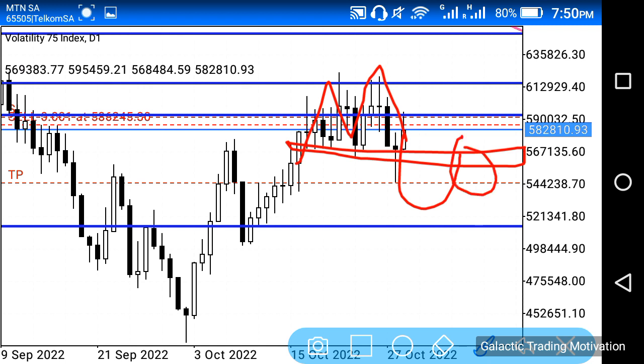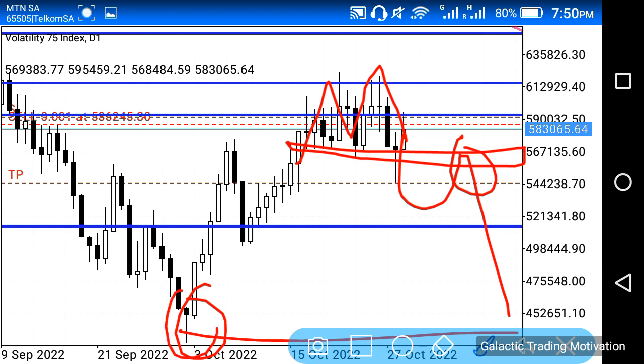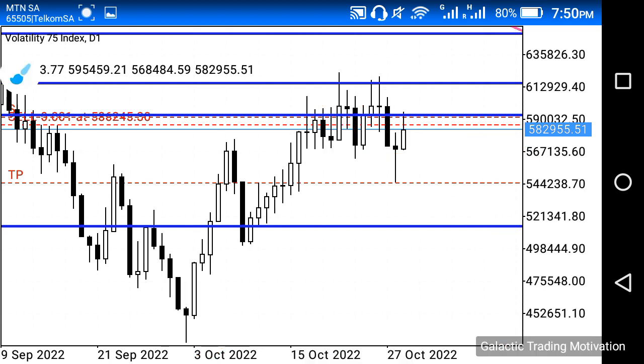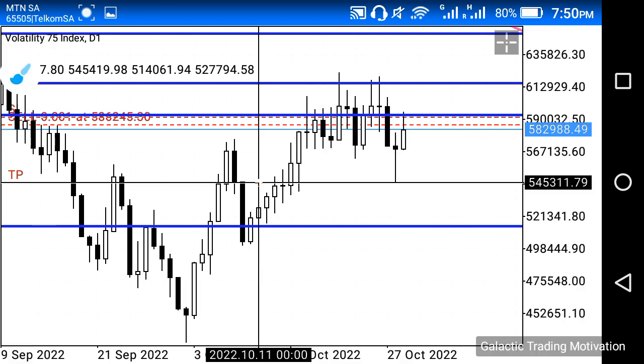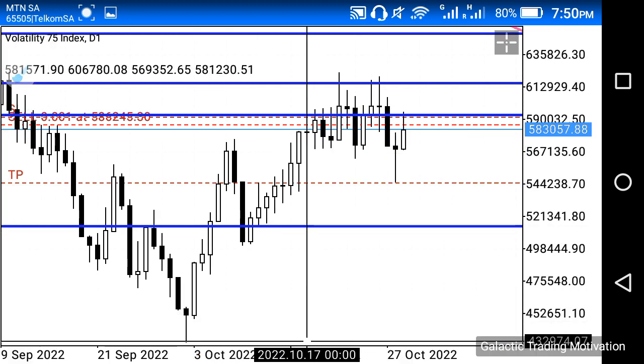And I believe that our first take profit should be this level over here. The reason why I say this level is because we have this candlestick. It is a bearish candlestick with a small body and quite a long lower wick, and that level over there tells us that we have a lot of liquidity at that point, and that liquidity needs to be grabbed by the market at one point or another. So that's what I would do in regards to the daily chart.